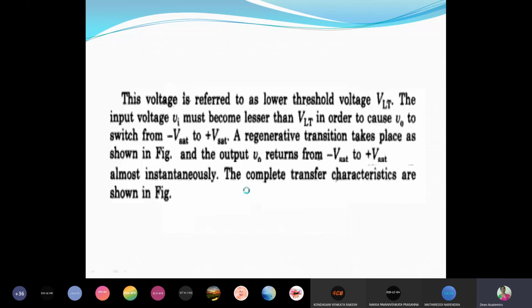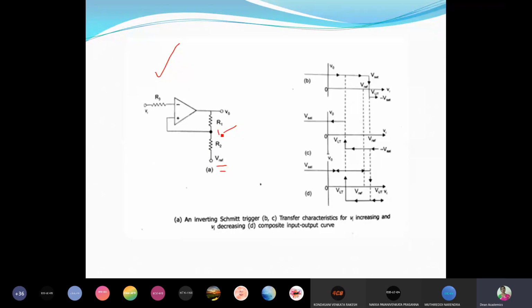In the previous circuit, we know output is fed back to the input, so this will act as a reference voltage. Whenever input triggers the output to plus Vsat or to minus Vsat, it depends on this reference voltage.